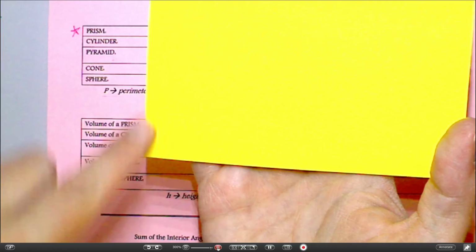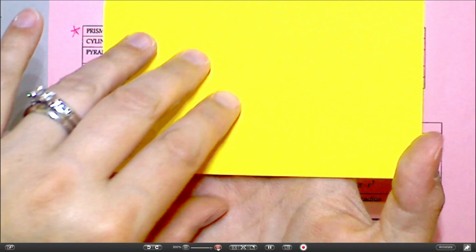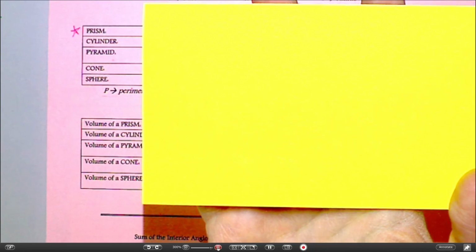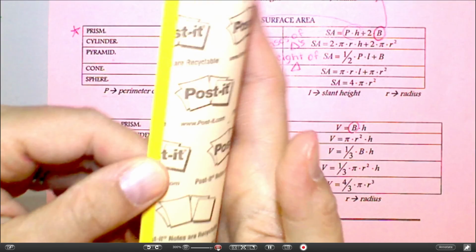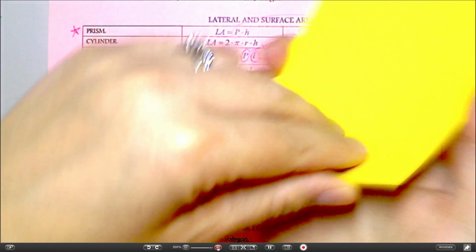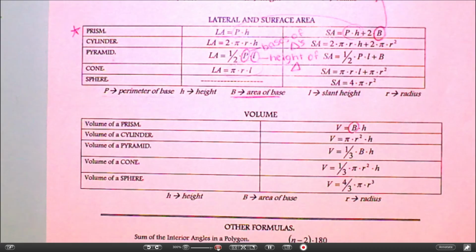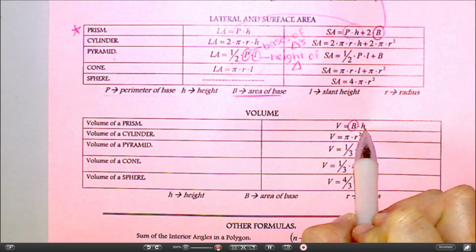So I would do the area of this, length times width. And then what would I multiply by? Okay, which is the same thing as the height, right? I would say how many of these are stacked up here, and I would multiply by that.